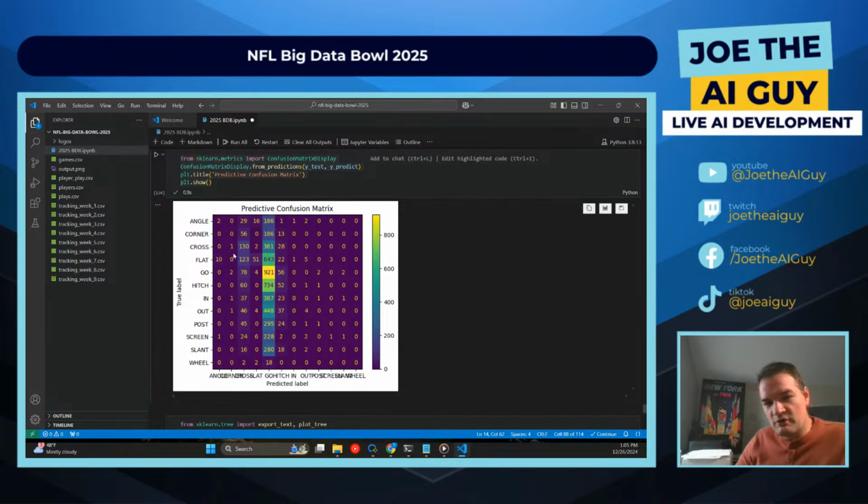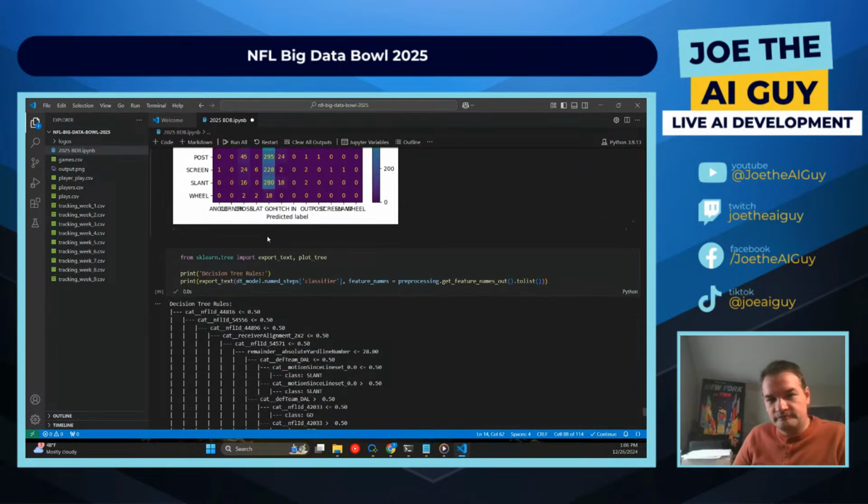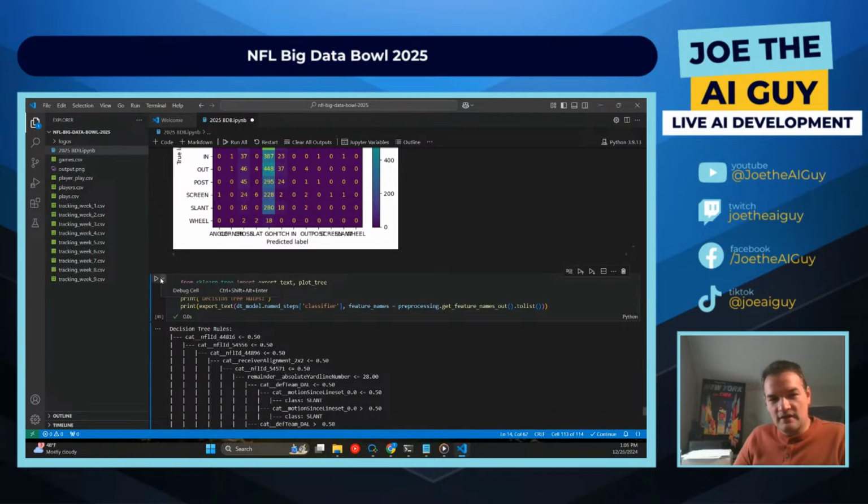There are some that it will do sporadically, but it's not doing very well in terms of predicting much variation. If I had to guess, it's probably doing the same thing here. Well, that's a little bit better in terms of how it's breaking it down. So knowing the players is being pushed further down in the tree.